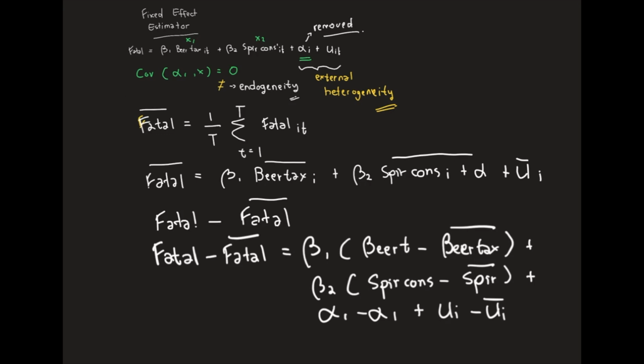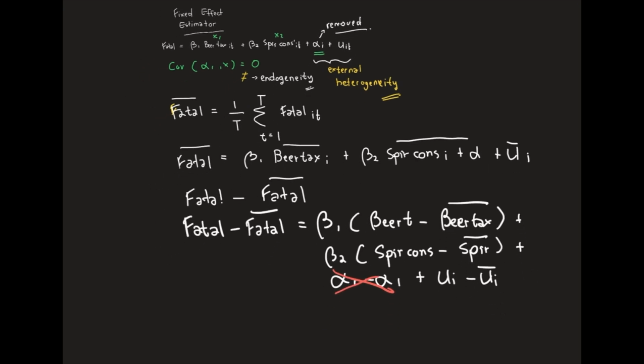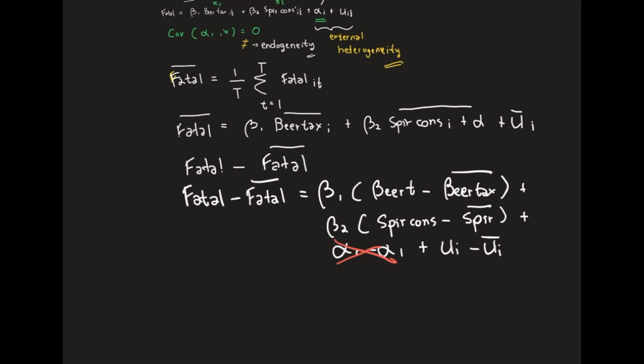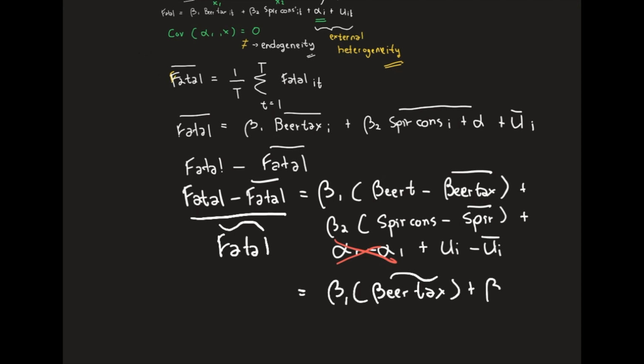And in here then we can remove the alpha. So if this becomes the new equation, then it will be fatality demeaned equals b1 beer tax demeaned, plus b2 spirits consumption demeaned, plus u i demeaned.